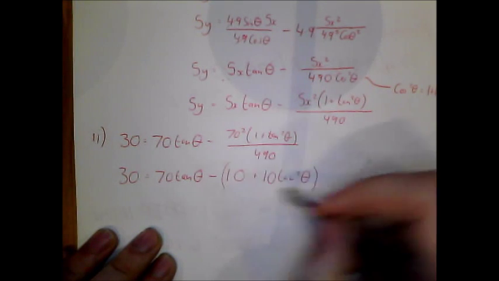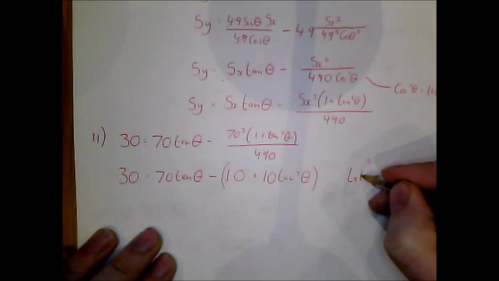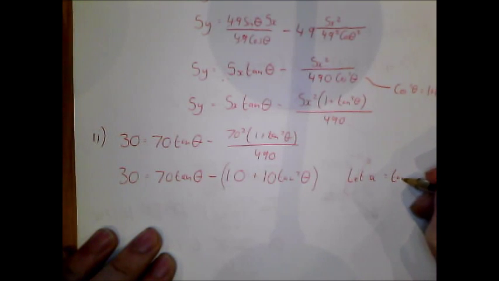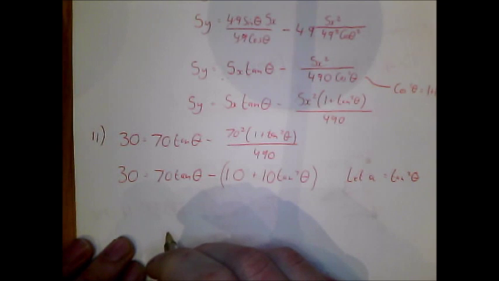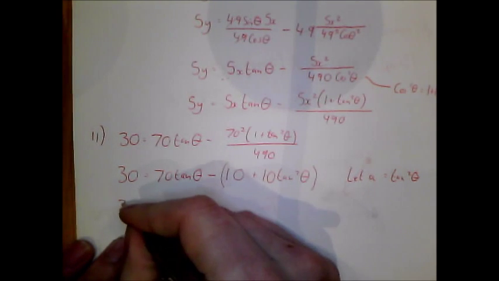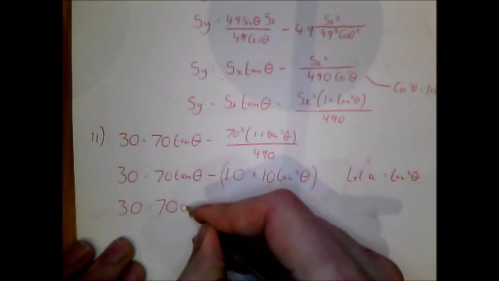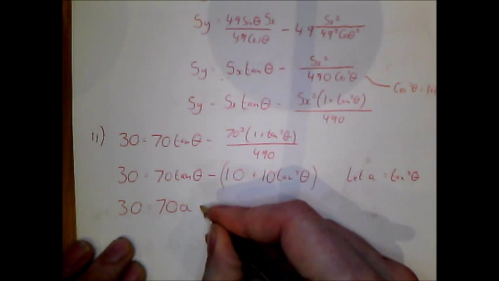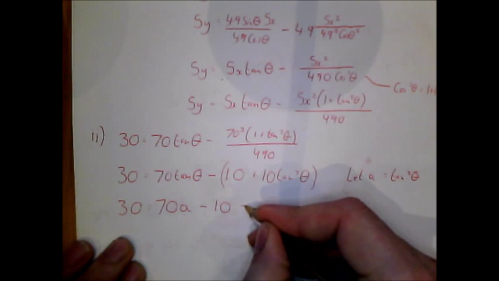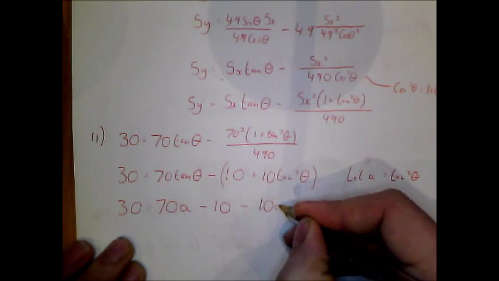So I don't really like it in terms of these tans, so let's let A equal tan theta, and I'll do some rearranging. So 30 equals 70A minus 10 minus 10A squared.